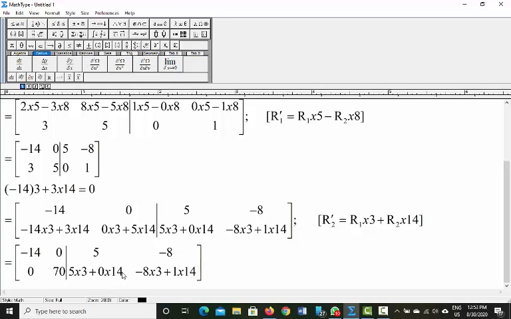Here again 0 multiplied by something is 0. So 3 multiplied by 5 is 15. Here what we get, 3 multiplied by 8 is equal to minus 24, plus 14. That is minus 10.